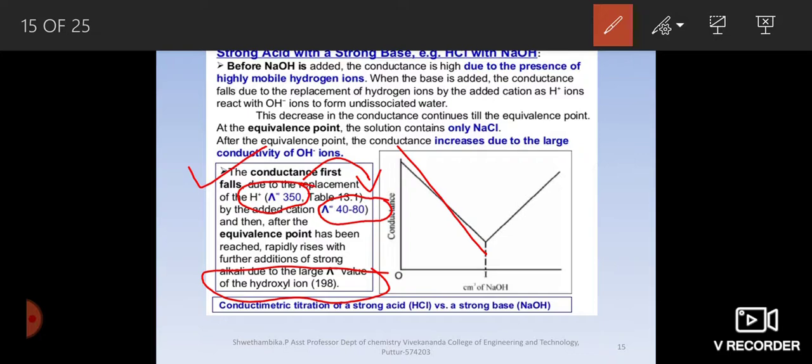That is why we get an increase almost to the initial value. So here one more additional point could be remembered. H+ ions have high mobility of 350 units, and Na+ would have some 40 to 80 units, whereas hydroxyl ions would have 198 units, accounting for this graph variation.